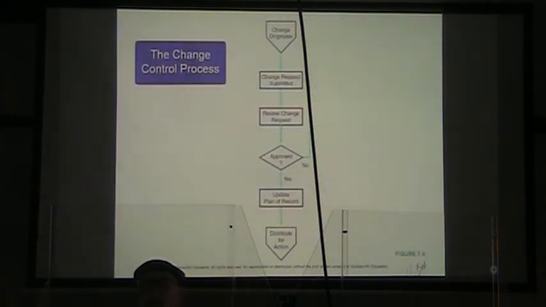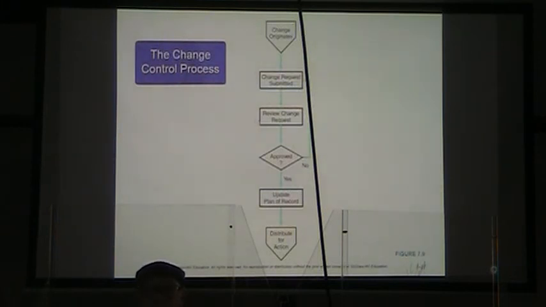All right, so here is our change control process as they visualize it in this flow chart. We have a change that originates, right? Doesn't matter where it originates, we have a possible change. We submit a change request form.